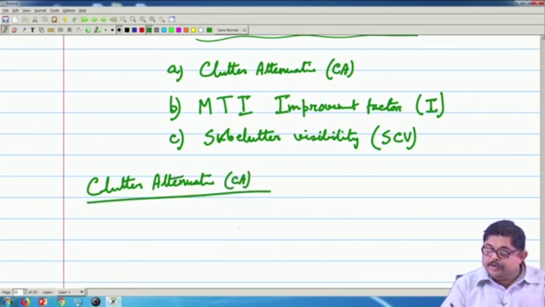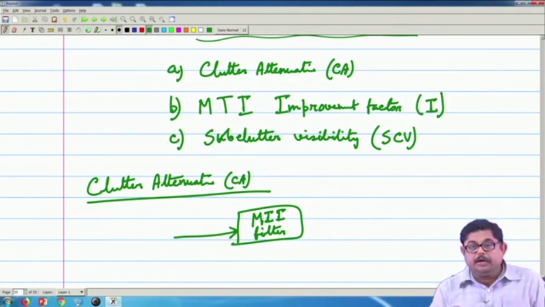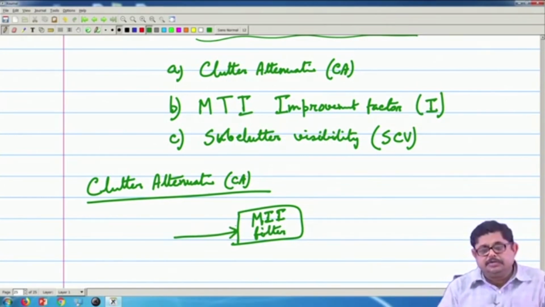See. So, consider that I have the MTI filter. So, the input to this is the signal as well as corrupted with clutter.